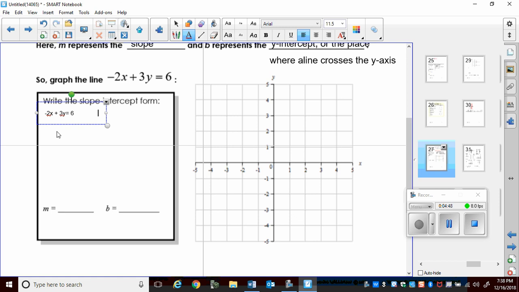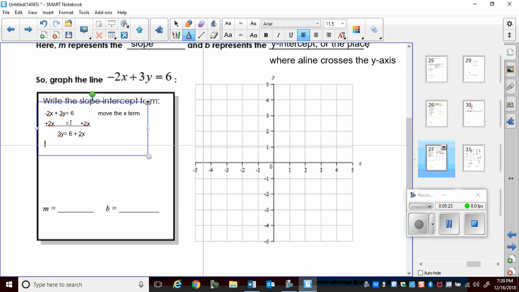The first thing I'm going to do is move the x term to get y by itself. I do the opposite, so I add 2x to both sides of the equal sign. That part goes away, and I'm left with 3y equaling 6 plus 2x.